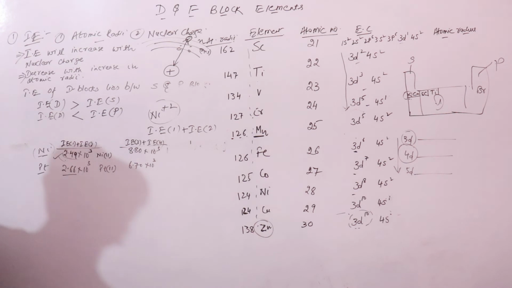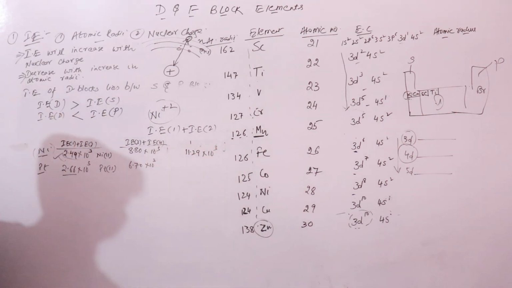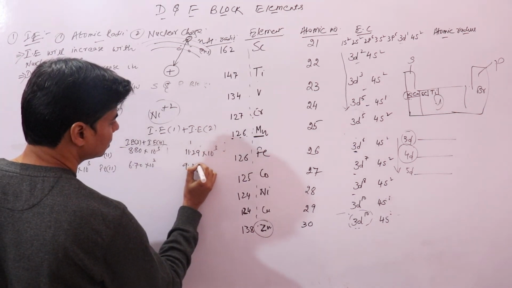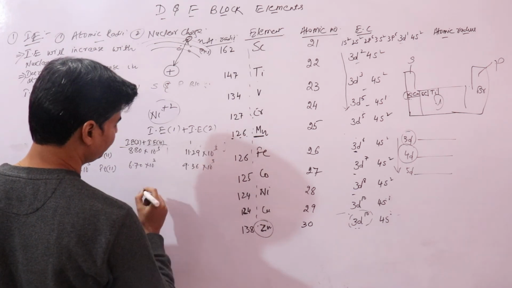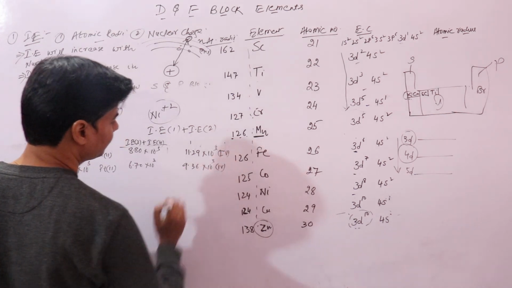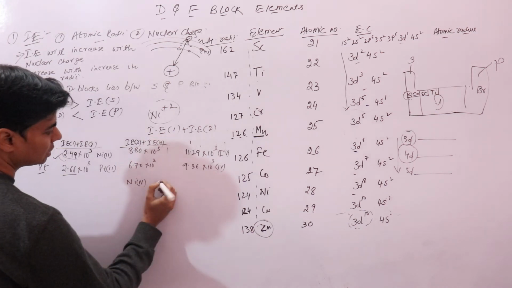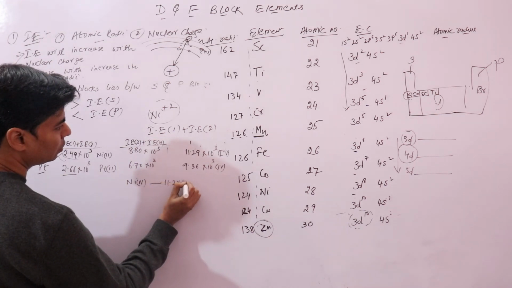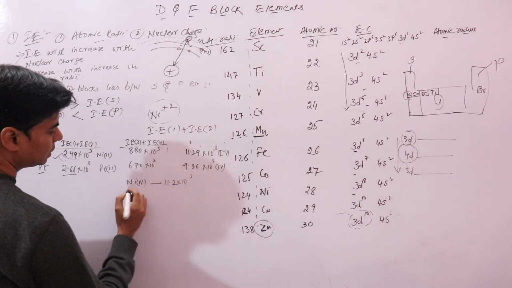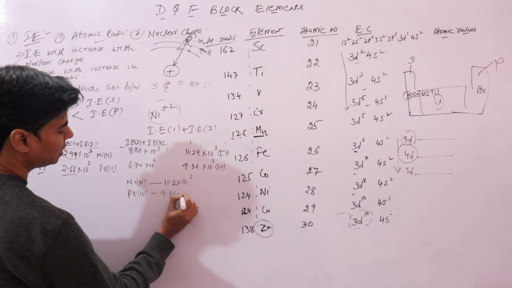If you add all these, you will get 11.29 into 10 to the power of 3, all this in kilojoules per mole, and 9.36 into 10 to the power of 3. This is to reach +4 oxidation state, right? So to reach nickel 4, you have 11.29 into 10 to the power of 3, and to reach platinum 4, you give 9.36 into 10 to the power of 3 kilojoules per mole.